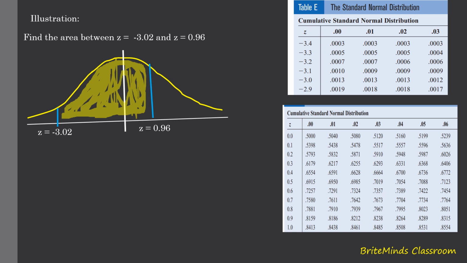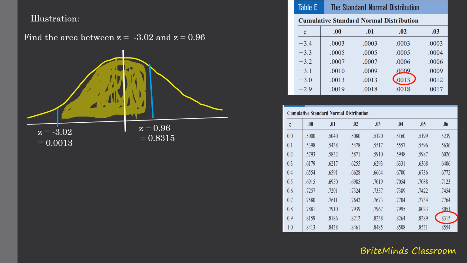After shading the needed area, the next thing is to look up the value of z equals negative 3.02 from the table of values. The value of negative 3.02 is 0.0013, and the value of z equals 0.96 is 0.8315.